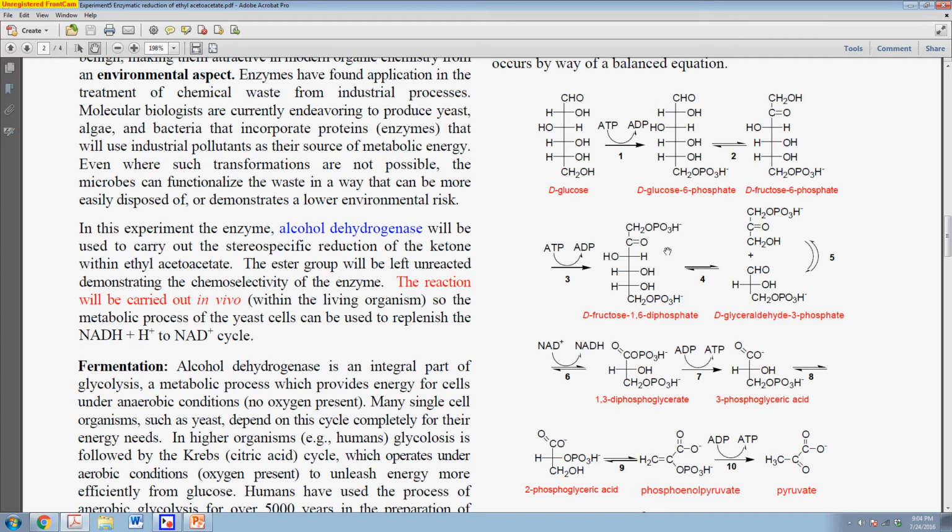The third step is that you have a second phosphorylation event, and that's going to drive this retroaldol cleavage to give you dihydroxyacetone phosphate and glyceraldehyde 3-phosphate.